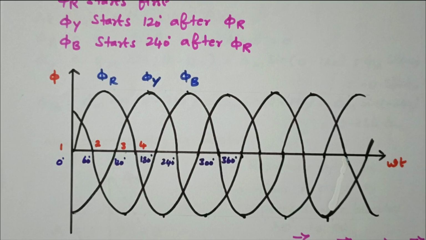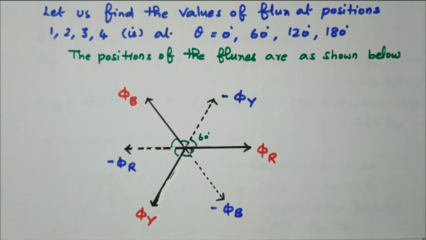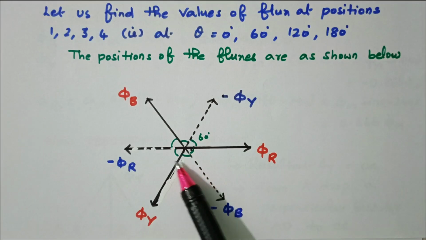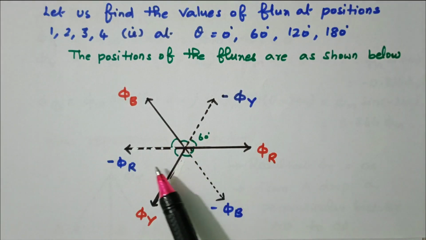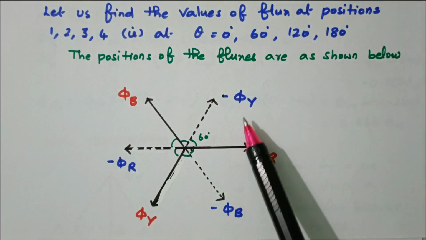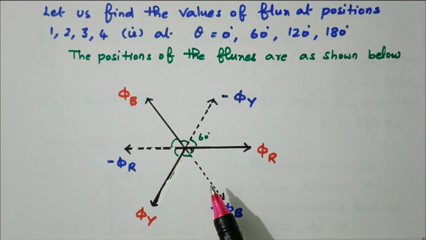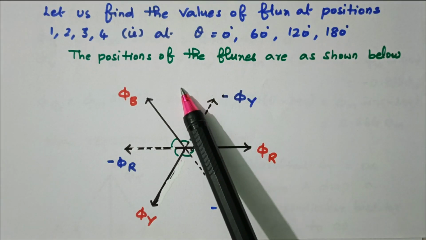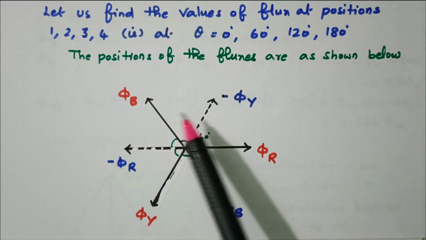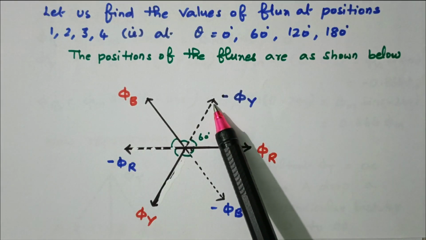Similarly, we will see the phasor diagram. This is a phasor diagram. R, Y, B are displaced at 120 degrees. Then we draw the negative values, minus pi R, minus pi B, minus pi Y, so everything is now displaced by 60 degrees. This is the 0 position. Here pi R is 0, positive pi B, negative pi Y, what we discussed in position 1.